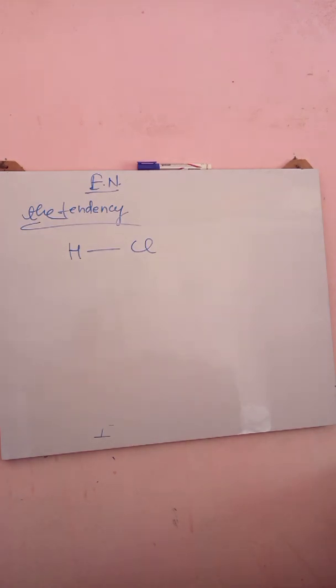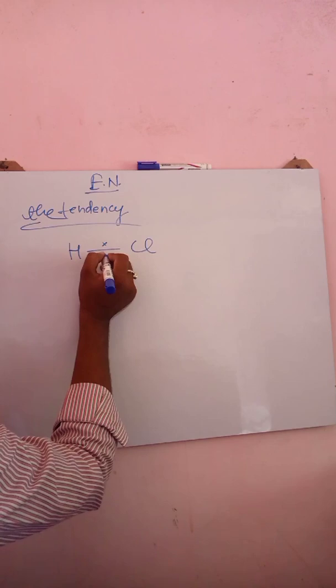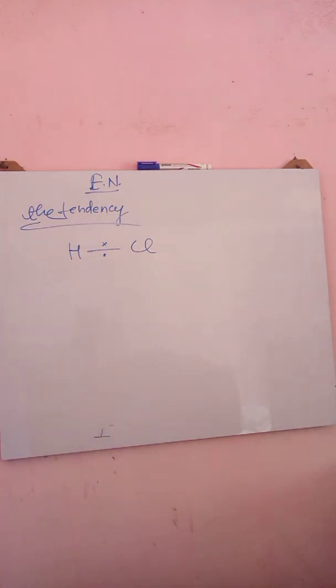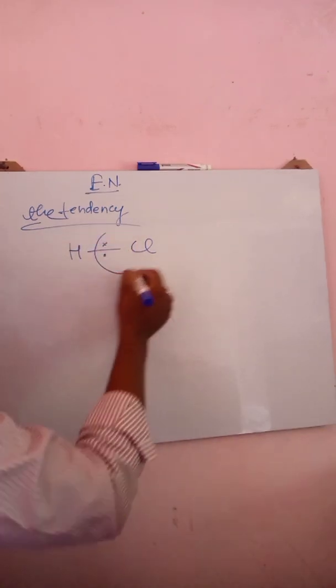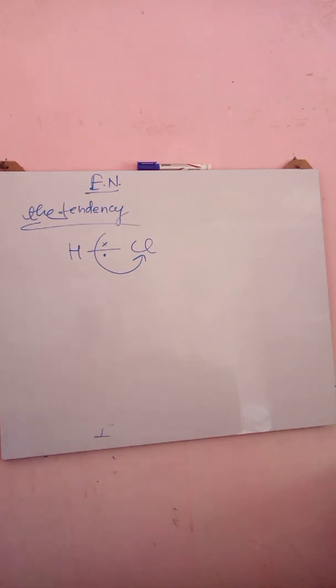Right? Here the shared paired electron is present at the center. But due to the high electronegativity of chlorine, it attracts the shared paired electron toward itself. This ability of chlorine to attract the shared paired electron toward itself is called electronegativity. So electronegativity is the tendency of an atom to attract the shared paired electron toward itself in a covalently bonded molecule.